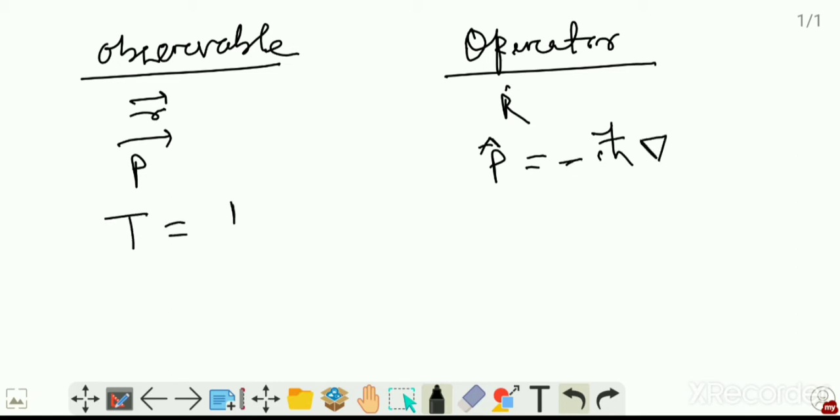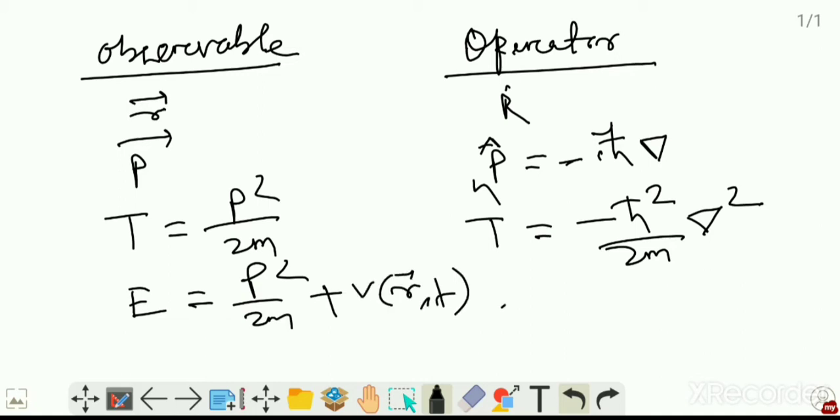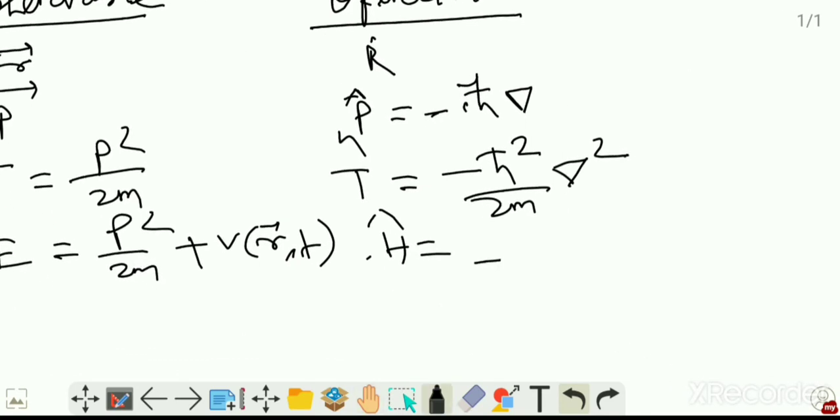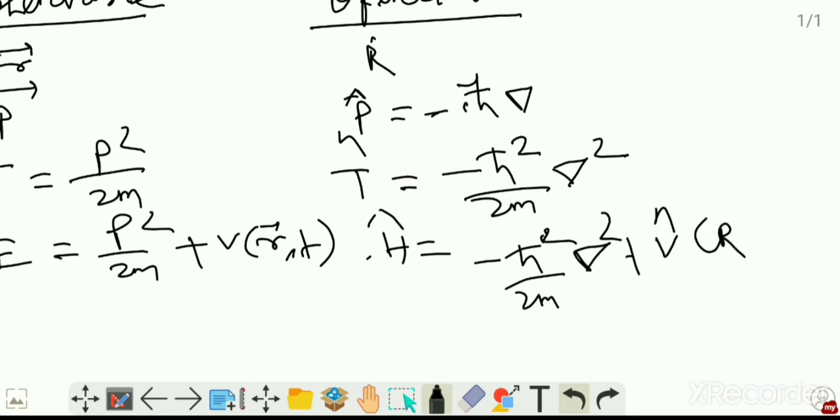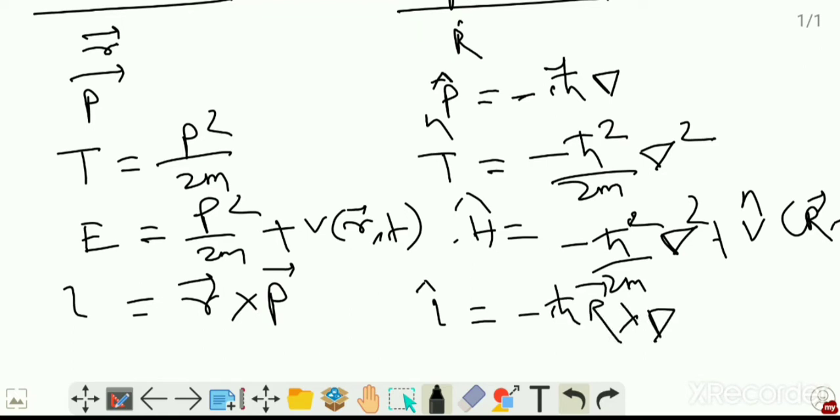Kinetic energy: p square by 2m, that is T cap is equal to minus h cross square by 2m del square. Energy: p square by 2m plus V(r, t), so H cap is equal to minus h cross square by 2m del square plus V cap(r, t). Now L, angular momentum r cross p, that is L cap is equal to minus i h cut r cross gradient.